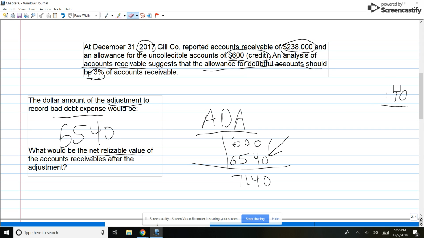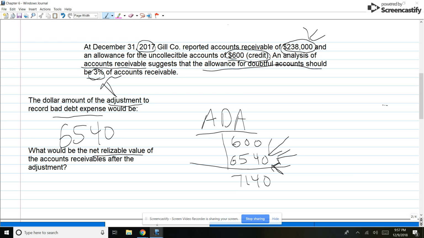If we just put the 7,140 where the 6,540 goes, we'd end up with 7,740, which is too much. So the actual adjustment is whatever gets us to what we don't think we're going to collect in the next year, which we figure out by multiplying the 238,000 by the 3%.